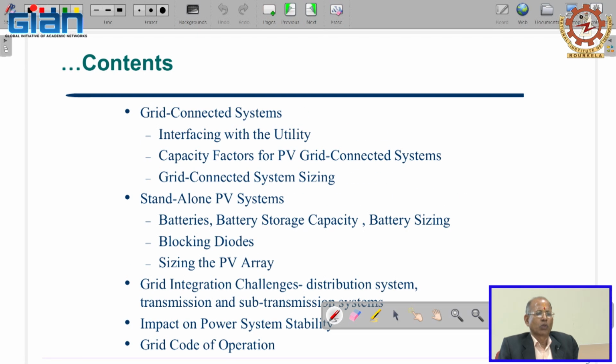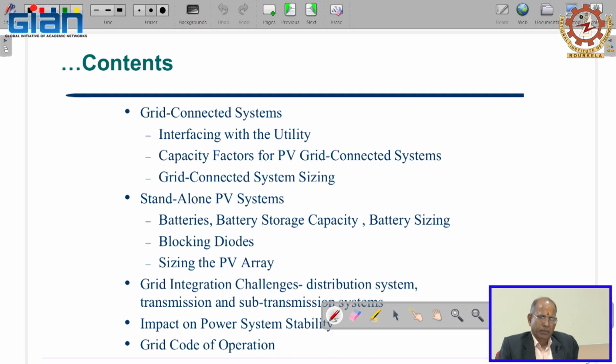Then we talk about the grid connected system, interfacing with the utility, capacity factor for grid connected systems, and grid connected system sizing. If you want to decide what should be the size of the PV system, how we are going to decide, we will discuss.